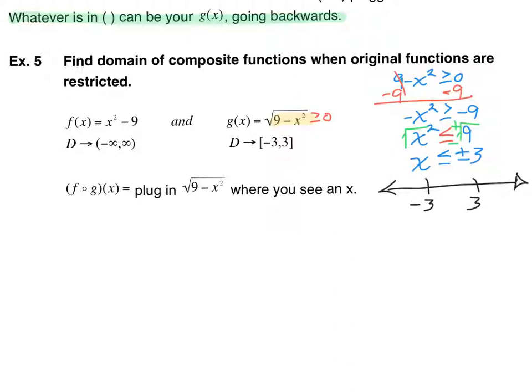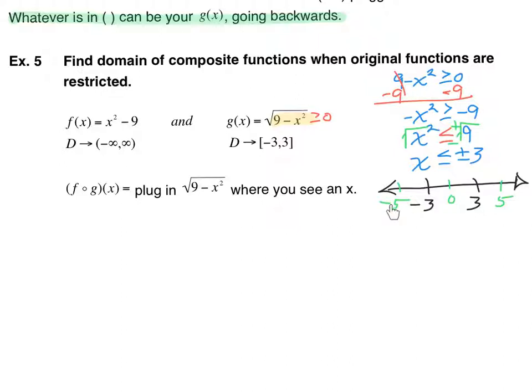One of my favorite test points is 0, so I'm going to choose 0. And then I want to choose a value that's bigger than 3 that, when squared and subtracted from 9, gives you a perfect square. So I'm going to choose 5, because 4 doesn't work, but trust me, 5 does. So I'm going to choose 5 and negative 5. Those are my 3 test points.